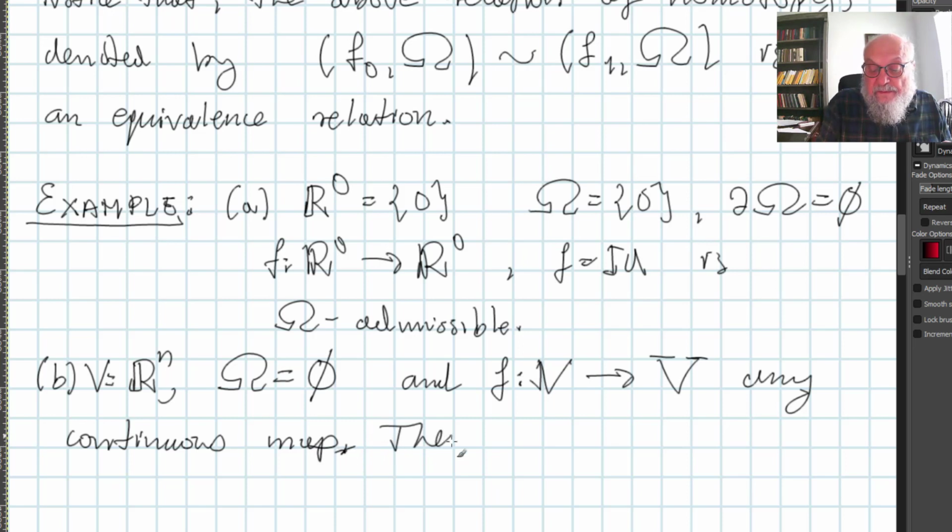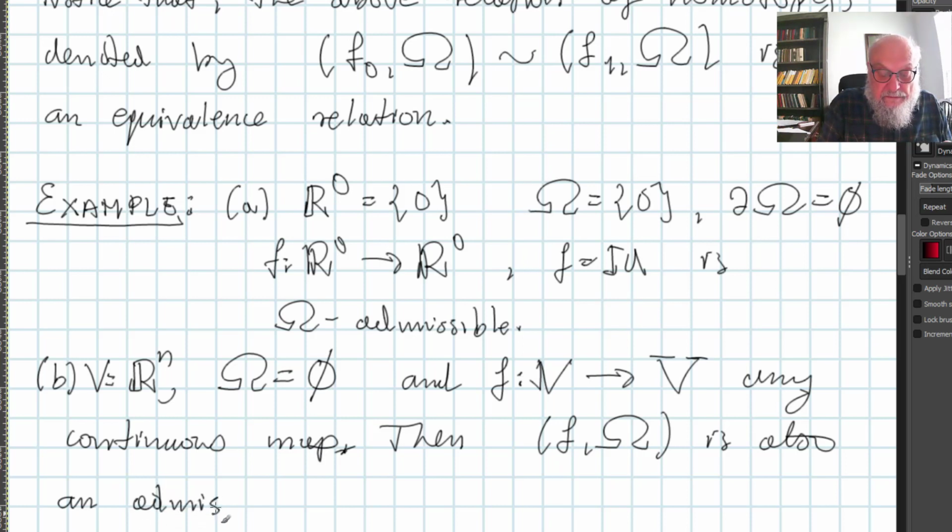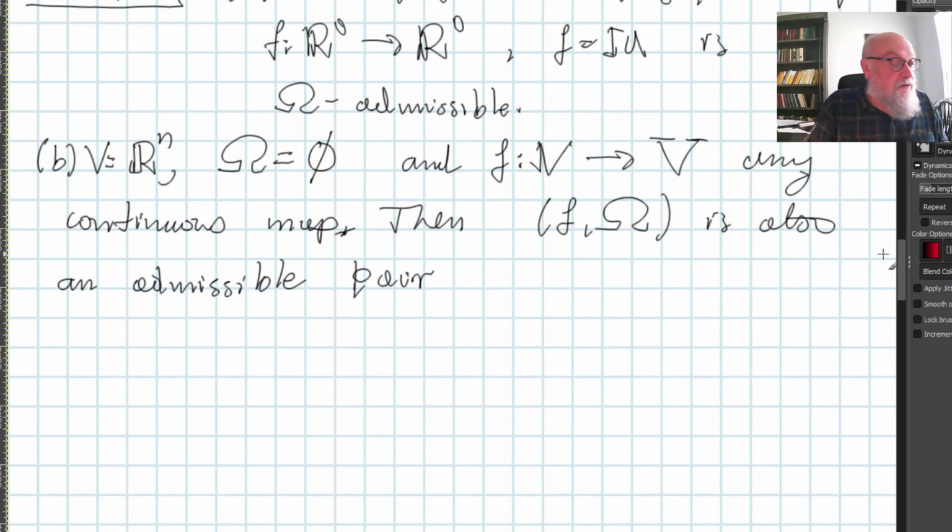Then clearly (f, omega) is also an admissible pair. So, all possible admissible pairs, there can be many.